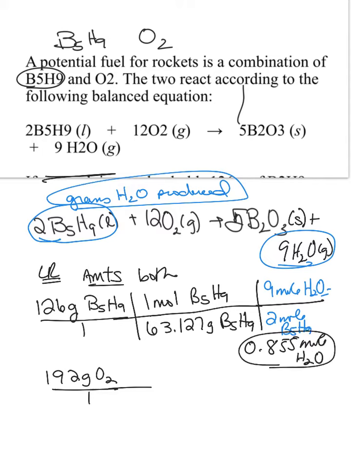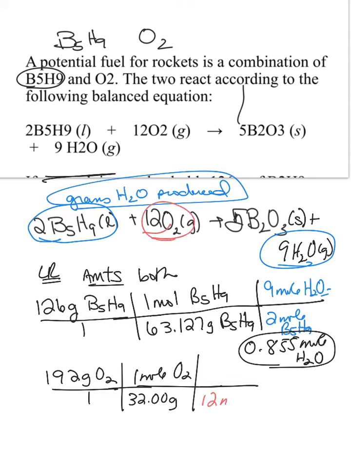And then we're going to do the next one with oxygen. Oxygen's molar mass is 32 grams per 1 mole of oxygen. Make sure you write your reactant. And then we see that we have a 12 in front of the oxygen. So for 12 moles of oxygen, we get 9 moles of water. And when we multiply that through and divide, we get 4.5 mole of water.